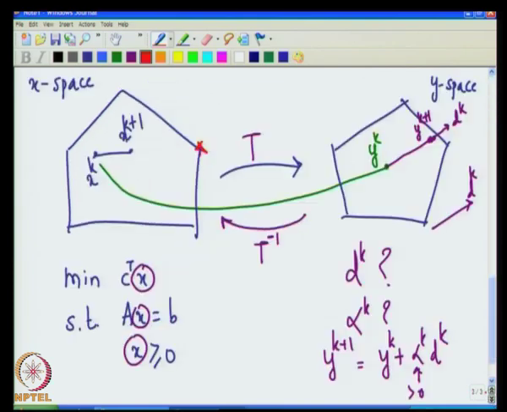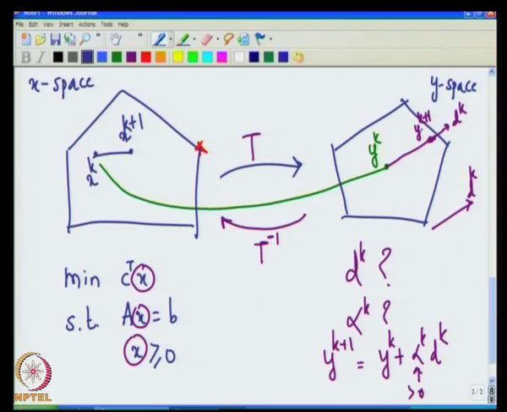So, once we find x k plus 1, again we use the transformation T. This time a new feasible region would be formed in the y space, and from that feasible region we find out the point y k plus 1.